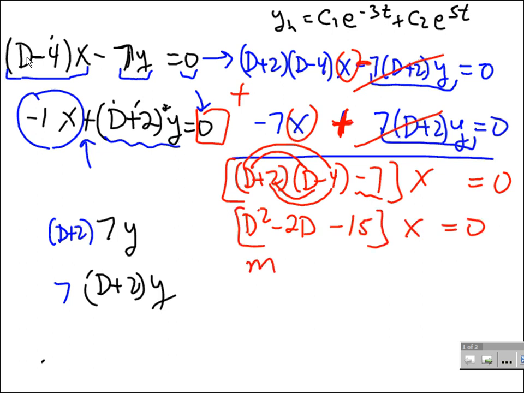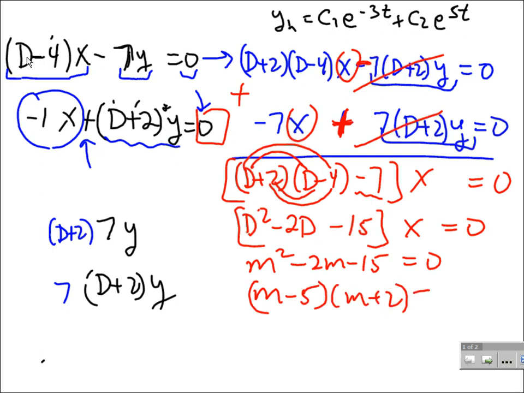And you get m squared minus 2m minus 15 is 0, just like before. And you have m minus 5, m plus 3, excuse me.